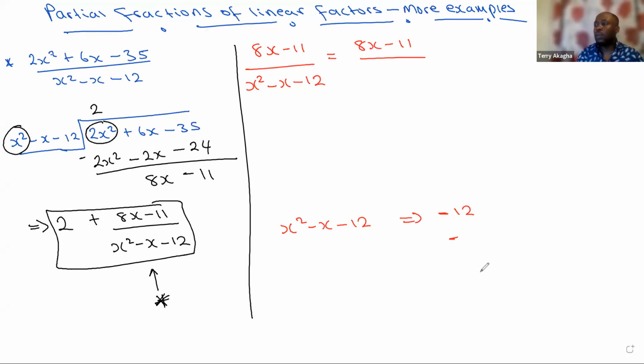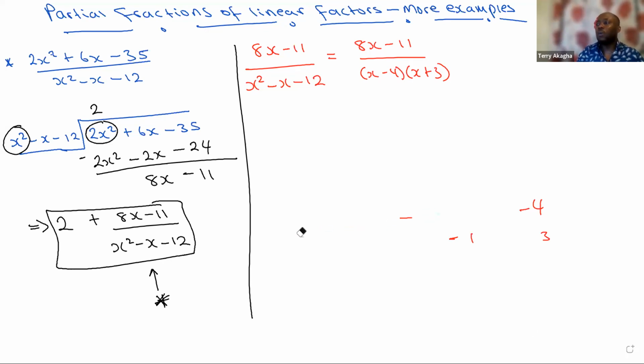If you use 4 and minus 3, 4 times minus 3 gives you minus 12, but 4 plus minus 3 gives you 1, so you can't use that. You use minus 4 and 3: minus 4 times 3 gives you minus 12, and minus 4 plus 3 gives you minus 1. So the answer is x minus 4, x plus 3. That is step 2.